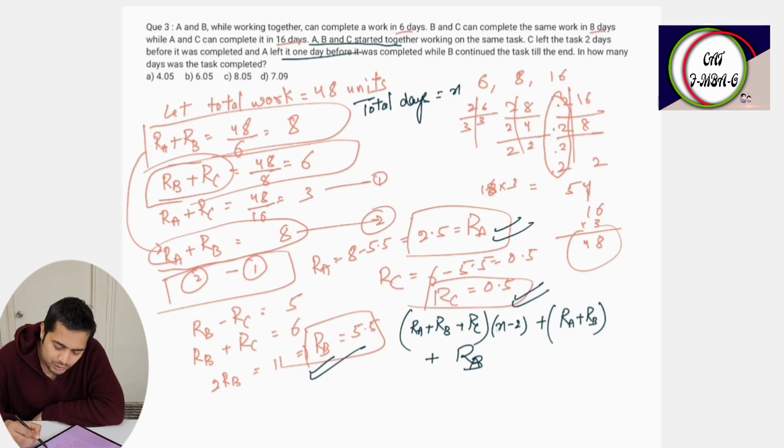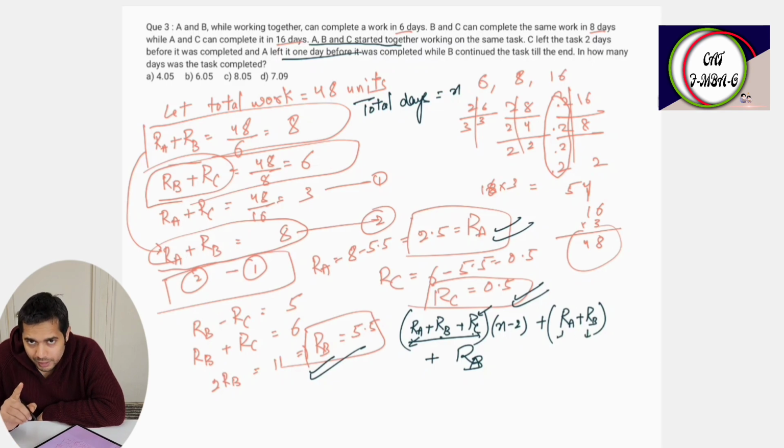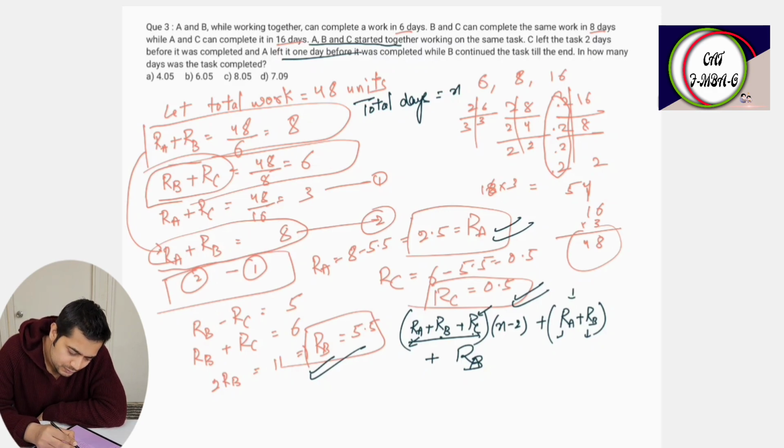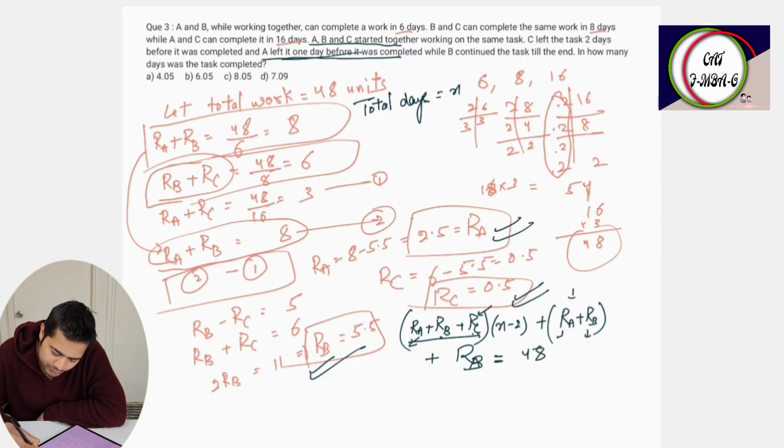Getting how I am solving? For X minus 2 days, RA, RB and RC, all three guys worked together. Then C left 2 days before, only RA and RB worked for 1 day. Then RA left 1 day before, only RB worked. And then the whole task was completed, which is 48 units.